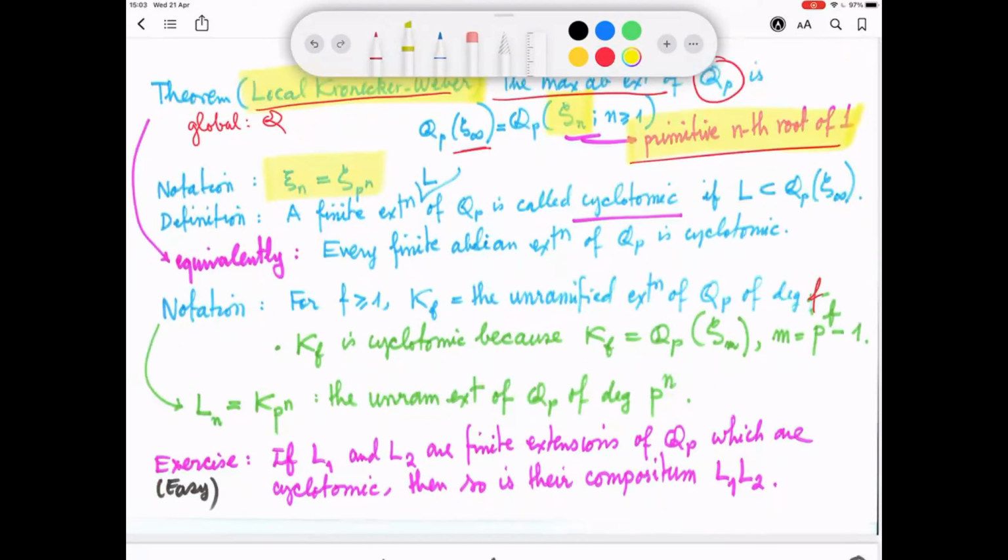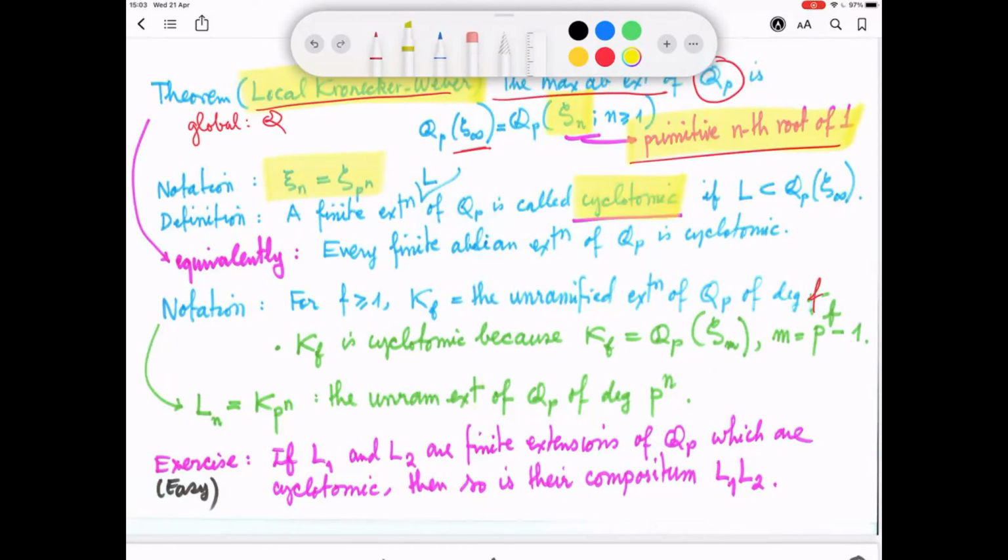Instead of having to say every time that it's contained in some cyclotomic extension obtained by adjoining an nth root of unity, we have introduced this word which is cyclotomic.